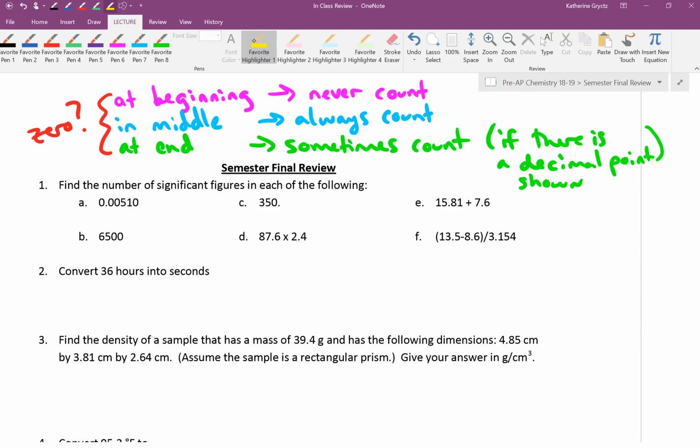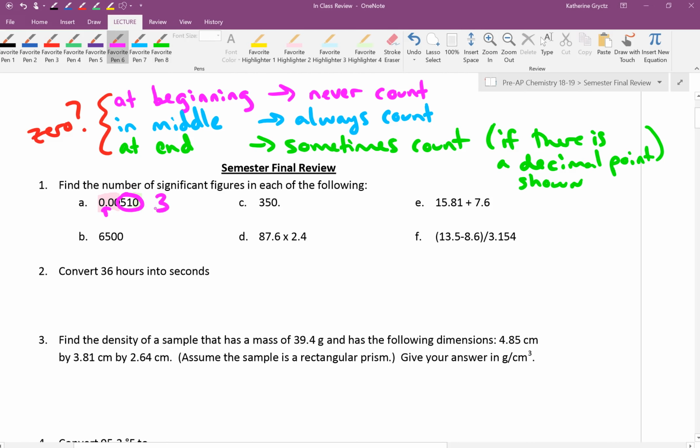So in number 1A, we have some zeros at the beginning. I'll try to color code these. And then we have a 0 at the end. So these zeros at the beginning do not count. This 0 at the end is going to count if there was a decimal point shown in the number, which there is. So then the 5, the 1, and the 0 are going to count.